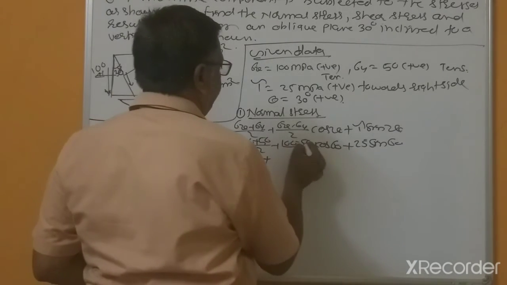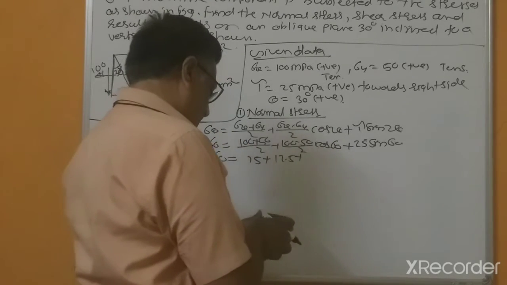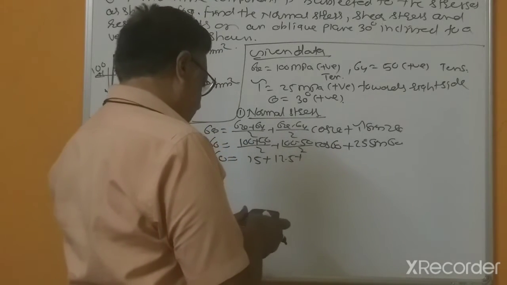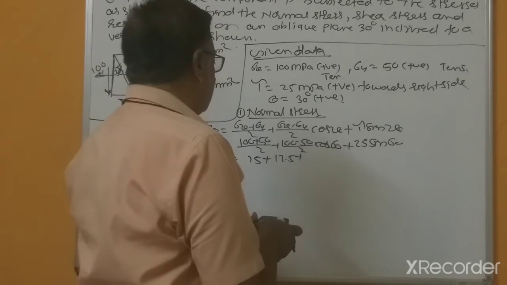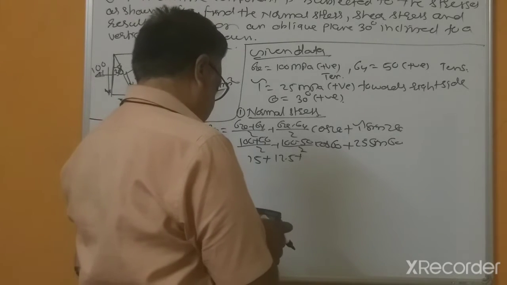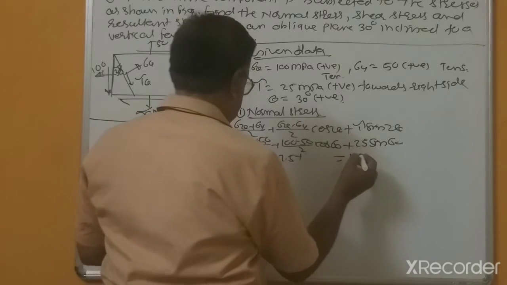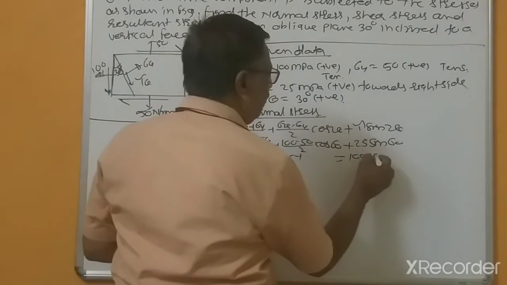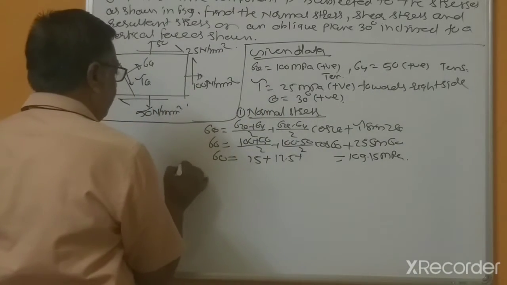So 25 times 0.5 is 12.5, plus sin 60 multiplied by 25, plus 12.5, plus 75. So this is equal to 109.15 megapascals. So this is the first bit.